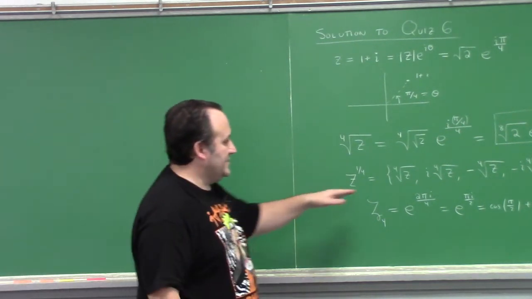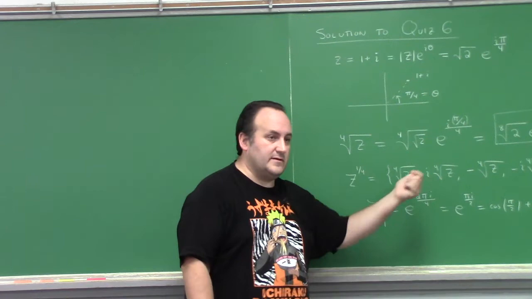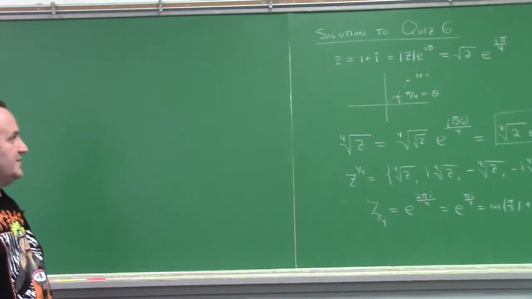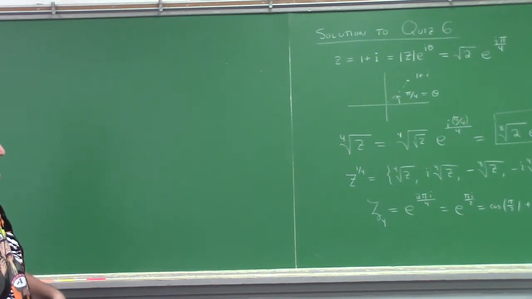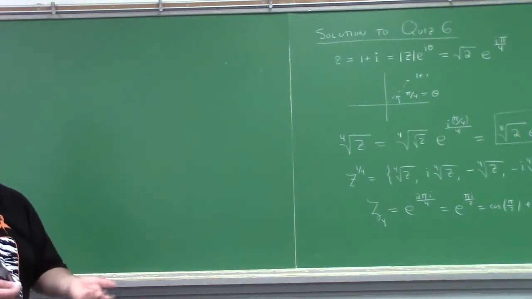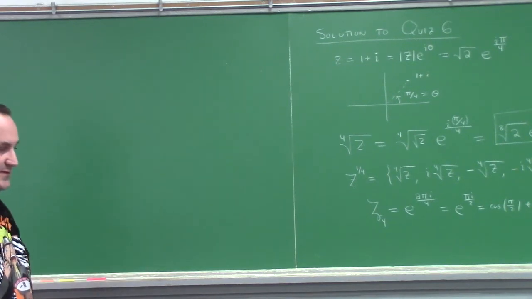Now, of course, I could explicitly write that in here, but I didn't say write your answers in Cartesian form or write your answers in polar form. You could have written it like this. It would have been full credit.